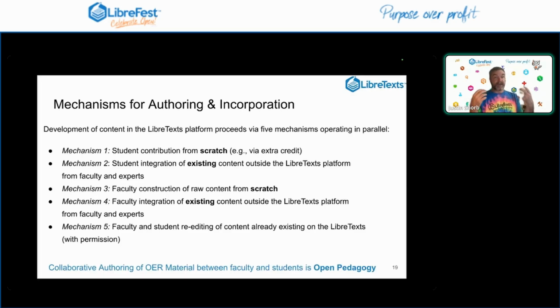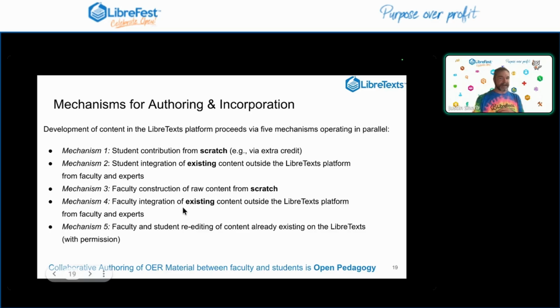This is great for keeping your course relevant. So if you teach a class that has a lot of pop culture or a lot of politics in it, you might need to update your book every 3 weeks. And that might be a lot easier if you make that an assignment that you have students help you to modify things. But number 4 is faculty doing that same thing and bringing it in for other places, but that's really hard and a lot of work as well.